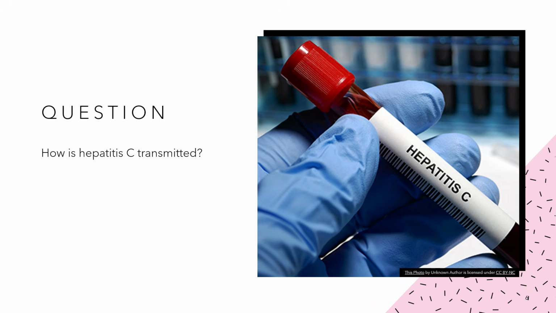If a patient had a blood transfusion before 1992, and if you remember from our lecture, I talked about how our baby boomers, we saw more of an influx in that age group, and that is because of blood not being evaluated as well as it is today. They can also get it through contaminated medical equipment, unprotected sex with blood exposure, and mother to baby during birth.